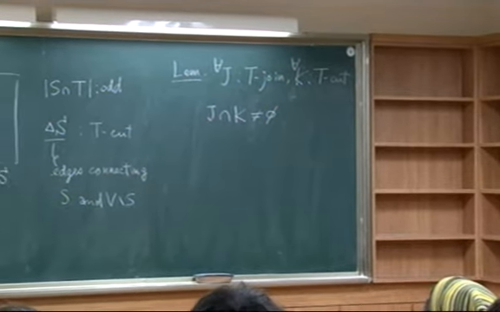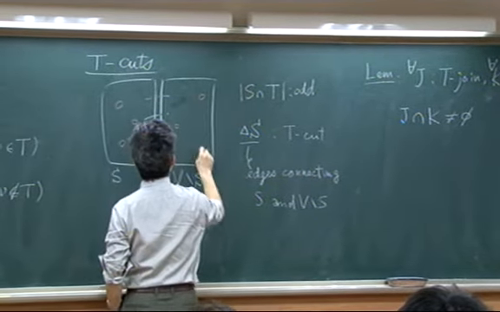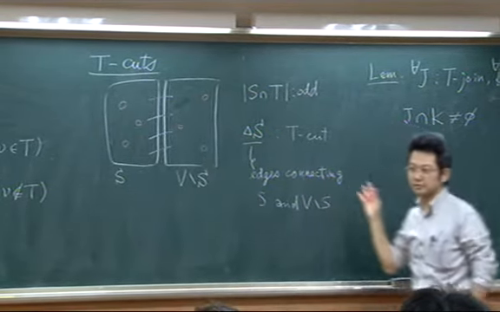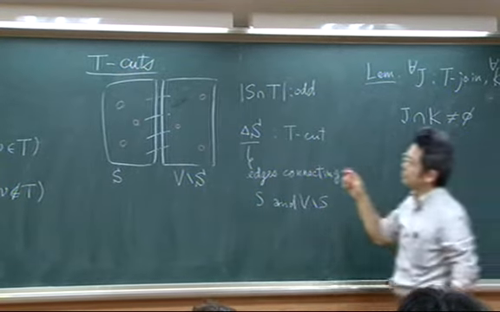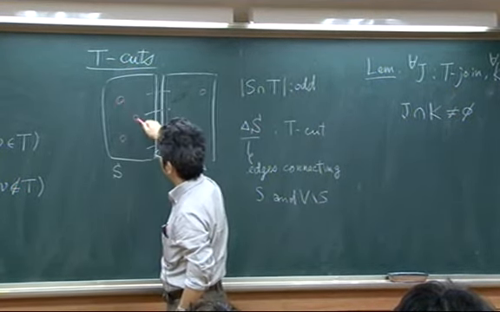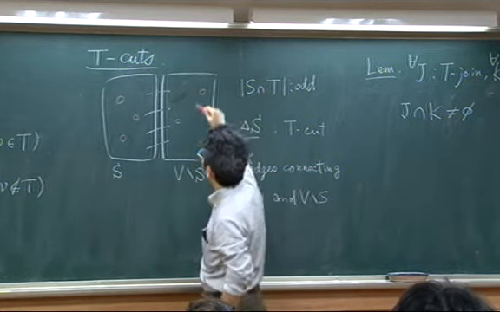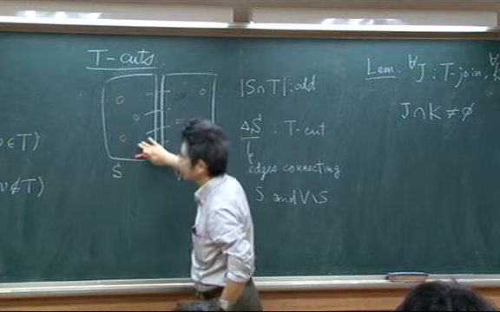Here's T. The number of T points here is odd. And you can sum this up. In the T-join, the degree at these points is odd, and at the other points the degree is even.